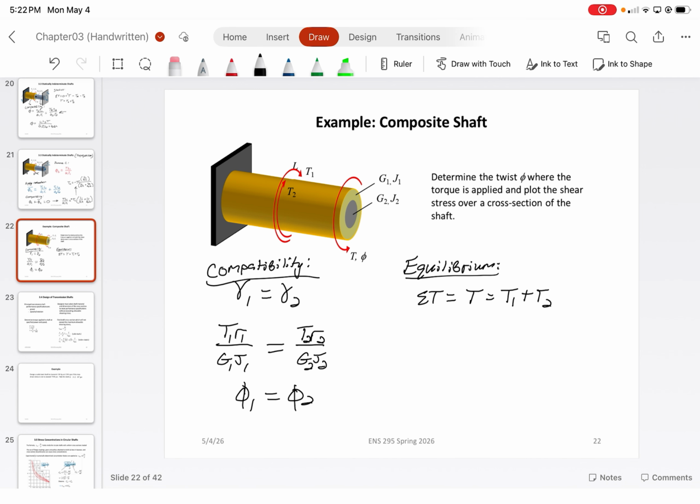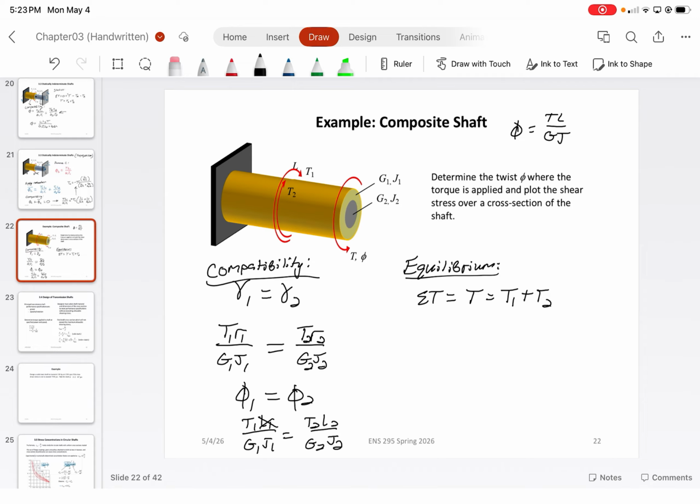So in this case, what we end up with then is, if phi is equal to TL over GJ, then we get T1 L1 over G1 J1 is equal to T2 L2 over G2 J2.